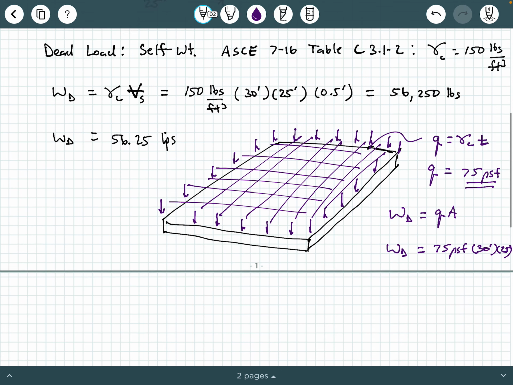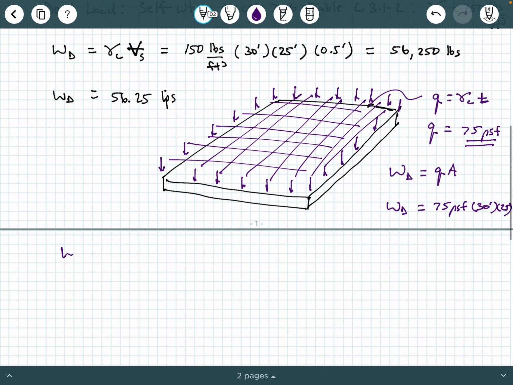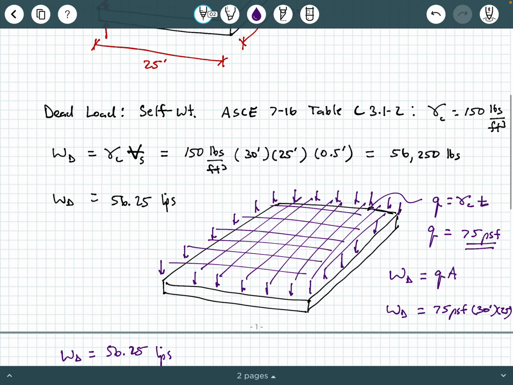And of course, you get the same thing. You would end up with W dead equals 56.25 kips. So a couple different ways of thinking about this. Think of it as dead load weight is unit weight times volume, or you can think of it in smaller components as a surface load in PSF is the unit weight times the thickness of the slab.